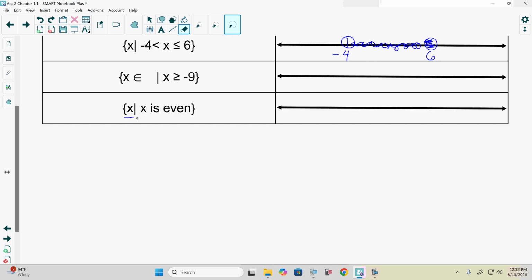I include this in here to show you it doesn't just have to be inequalities. We just can't use intervals. We can actually give a description in words: x is even. Kind of make sense? Because there are ways to actually write it mathematically, but I don't think you'd want to see it. It is more complex than it's needed.